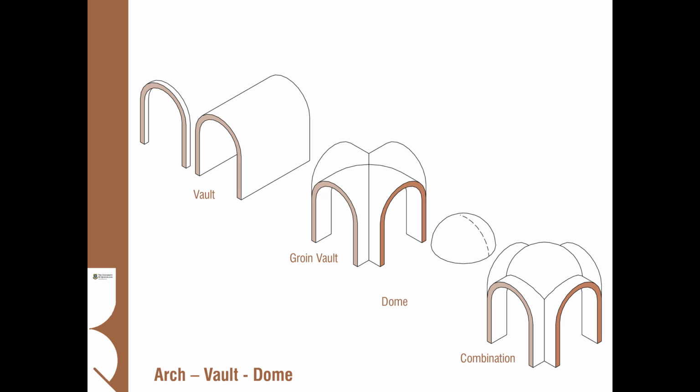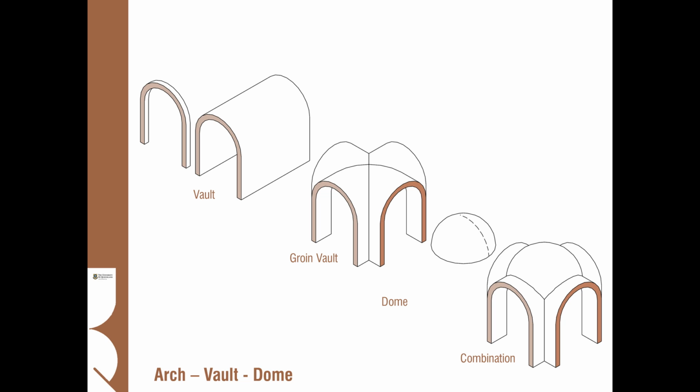So you intersect two vaults together, you get a groin vault, which is the basis of a lot of quite impressive stone and masonry Gothic buildings and buildings through the centuries. Very beautiful, very simple, but a very direct expression of the material.